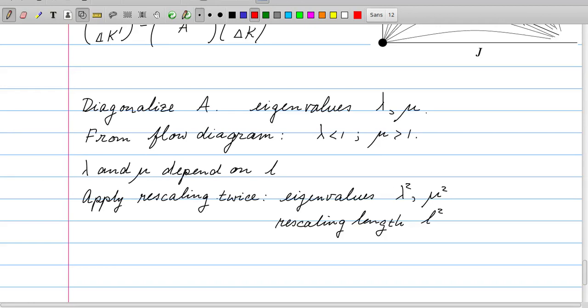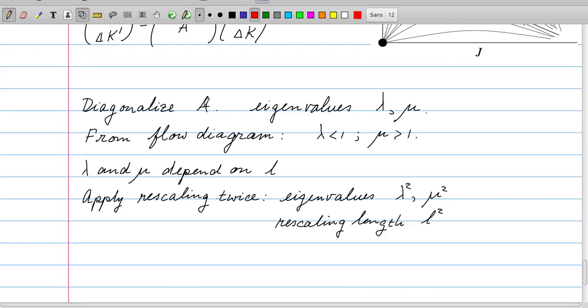Now let's see what happens if we apply two renormalization transformations in succession. We have the eigenvalues lambda and mu, and obviously they depend on the rescaling length. Now what we could do is apply two renormalization transformations, so that means that we rescale twice, and that corresponds to a rescaling length not of L but of L squared. If I apply the renormalization transformation twice, I apply in fact the matrix A twice.